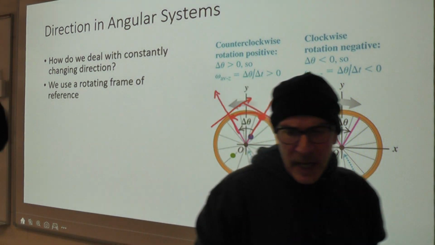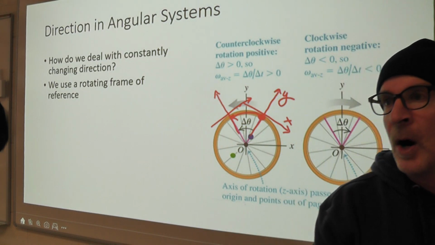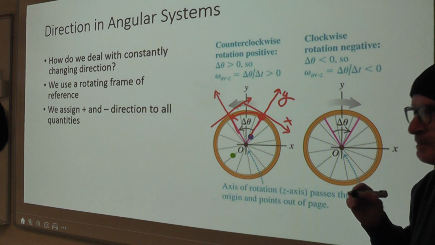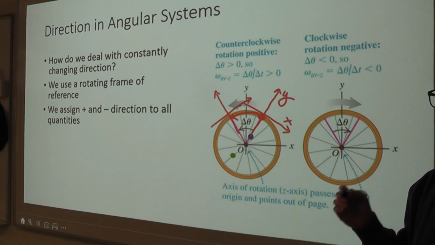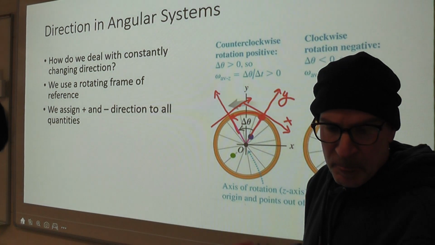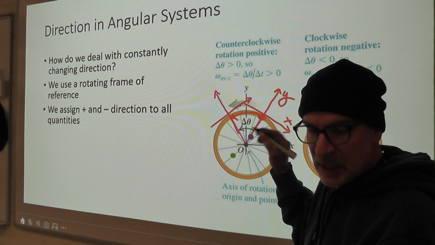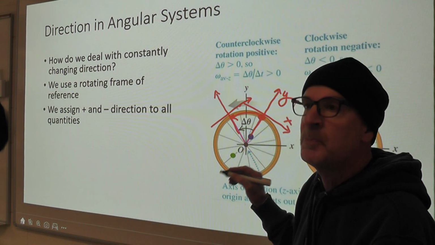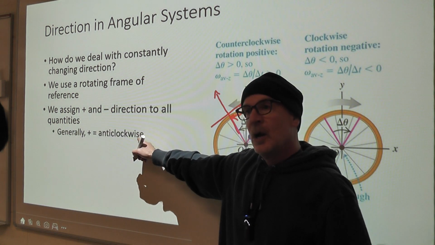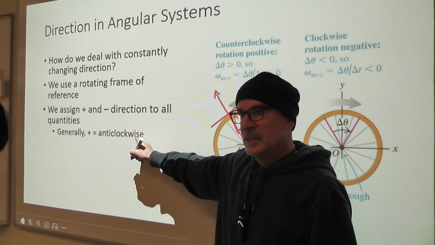The signs of our motion, we're going to follow conventions for the most part, but we get to decide. We don't have to use these directions, but most people will. If we look at counterclockwise motion, that's going to be our positive direction.